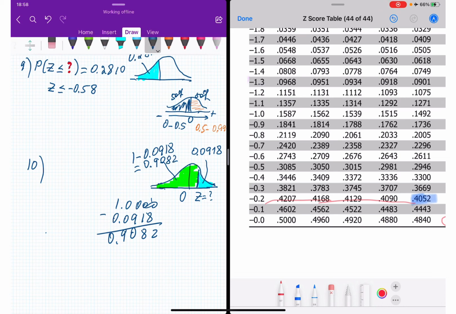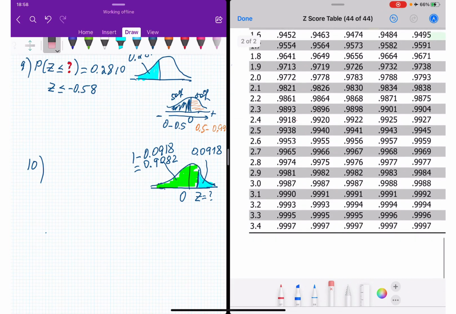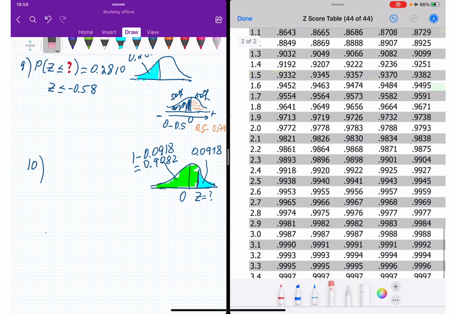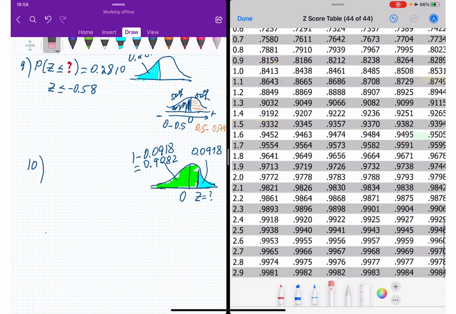So now we go to the table and find 0.9082, okay? 0.9082, which is 90.82%. And that means we are heading to a positive z-score. 9082, where is 9097? Here is 97, here it is. 82.